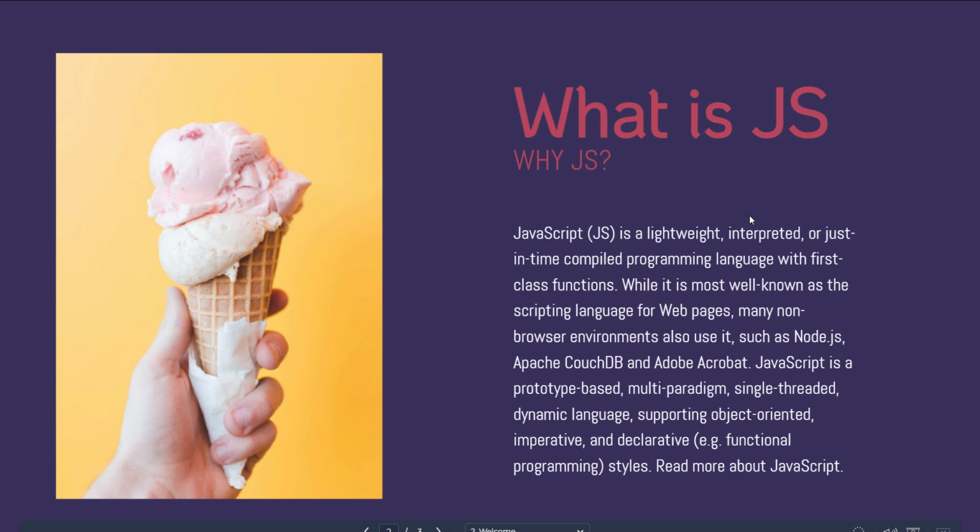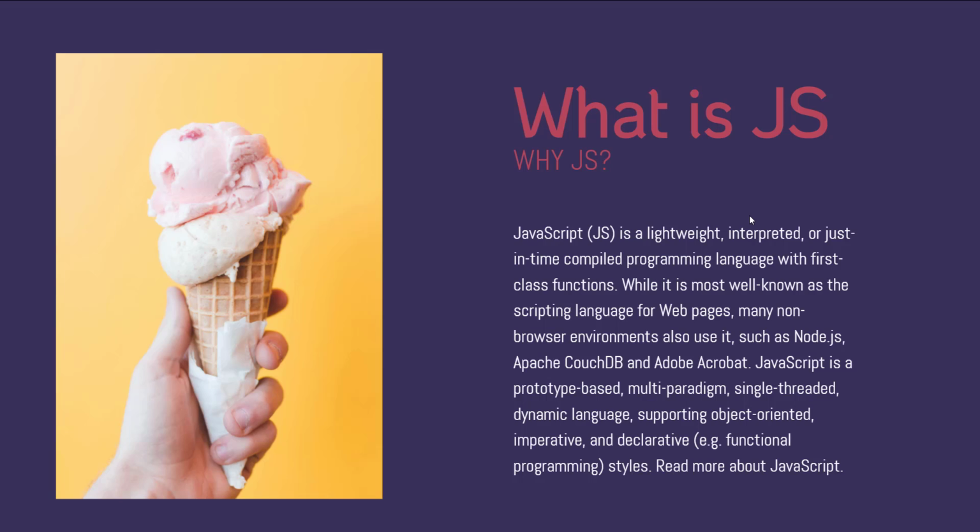What is JS and why JS? Okay, this is the only description, I promise. JavaScript is a lightweight, interpreted, compiled programming language with first-class functions. What does it even mean? Simply, JavaScript is lightweight, which is very obvious.